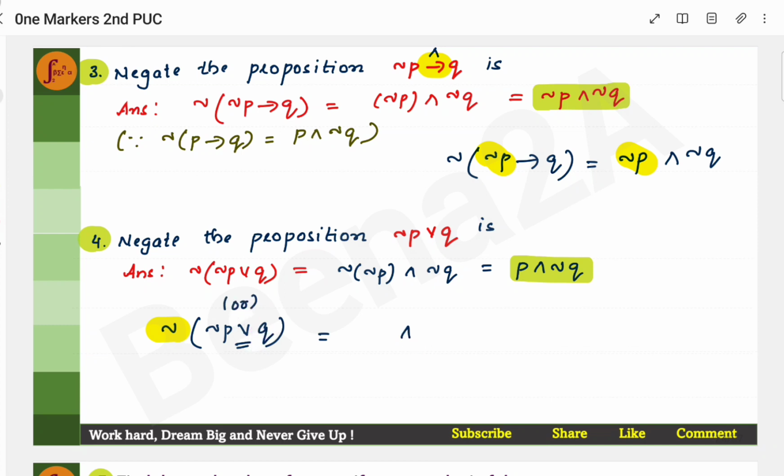So it's like this, right? The symbol is going to become reverse and. Now you have to take not and not P. Not and not will get cancelled. So you'll have P and not of Q. This is the answer, right? P and not Q. Very important formula, right? You'll have to remember, not of not P is always P itself. Because not and not will get cancelled.